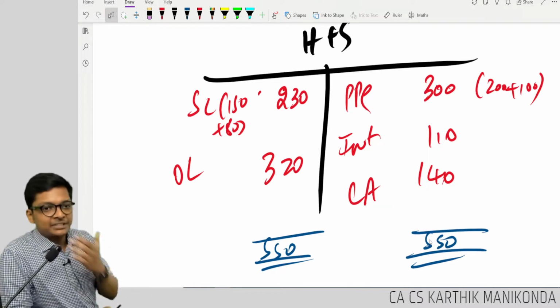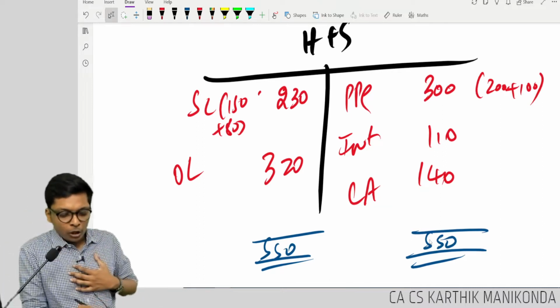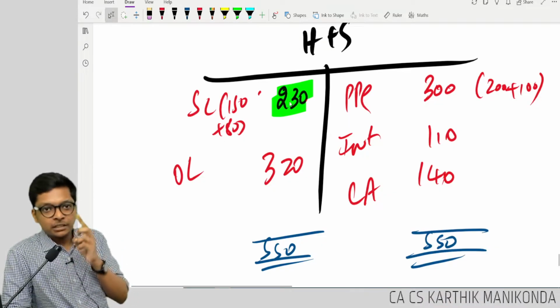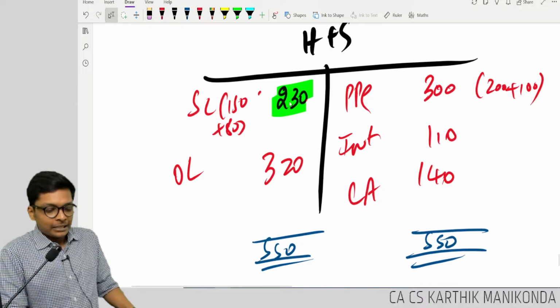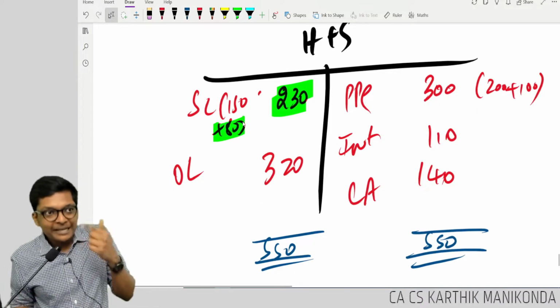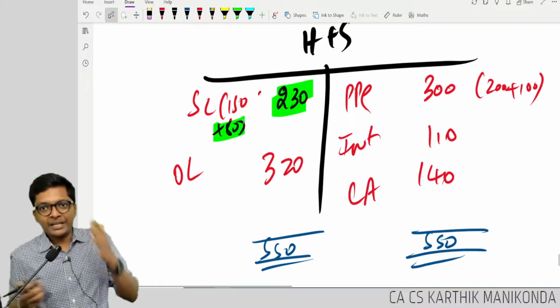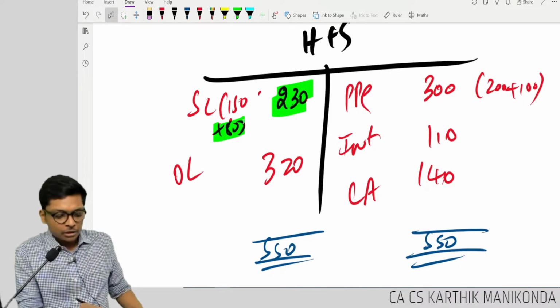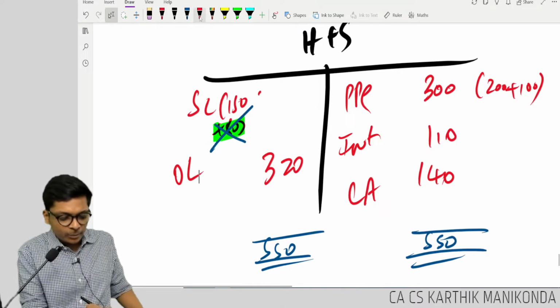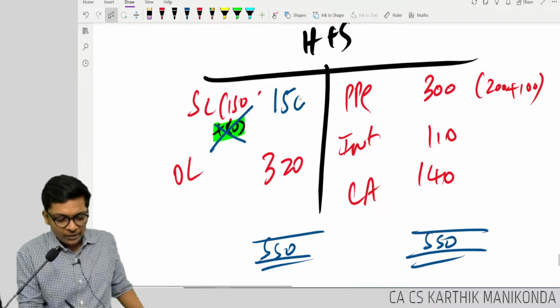Now only the game starts. You all already know this is not 230. It doesn't represent 230. It includes 80, which is double added. It's like adding it twice. So I have to eliminate. So here I will reduce 80 and now instead of 230 I will write how much? 150.